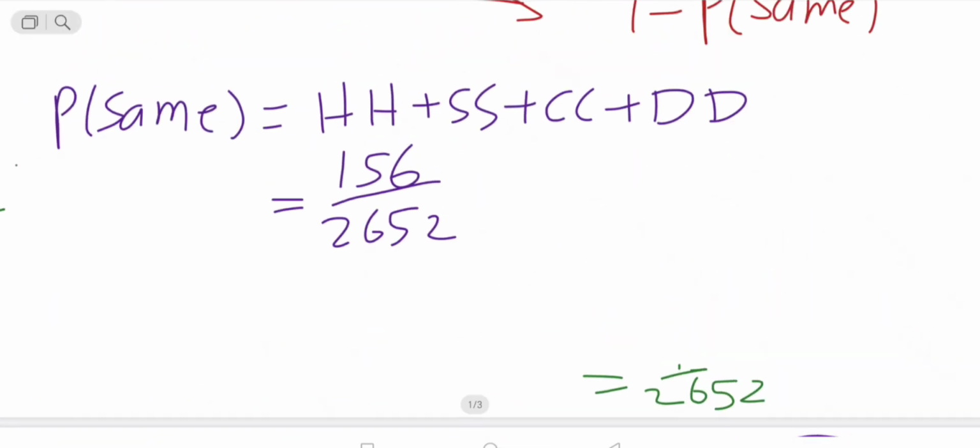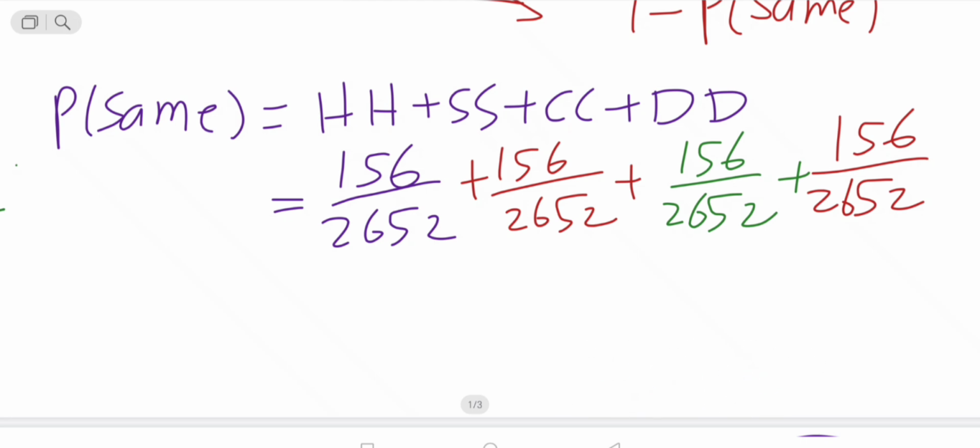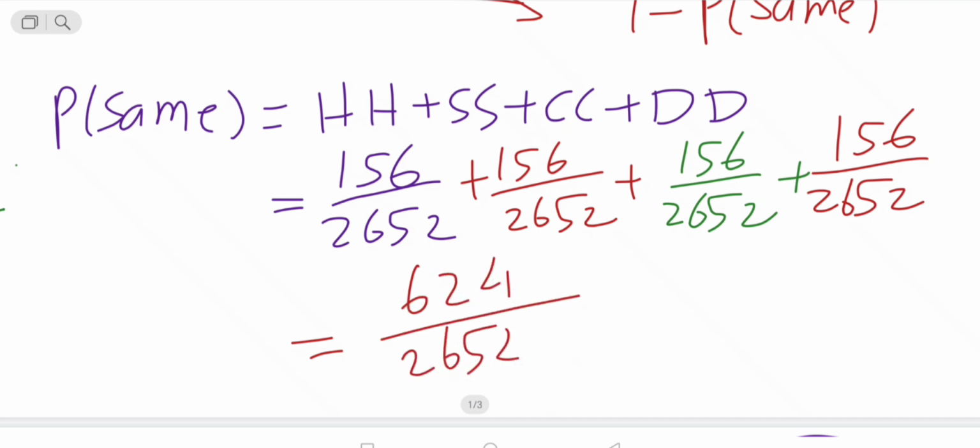The next one also the same, 156 over 2652, plus again the same. Now we will add: the denominator is the same, so we just add the numerators, 156 plus 156 plus 156 plus 156, which is equal to 624 over 2652. This is our answer for the same card.